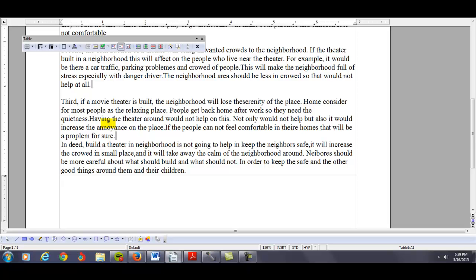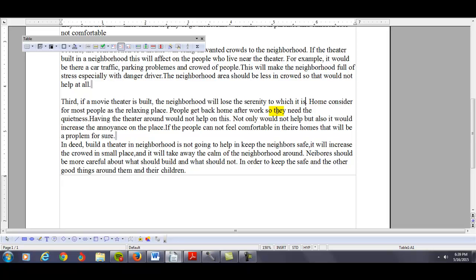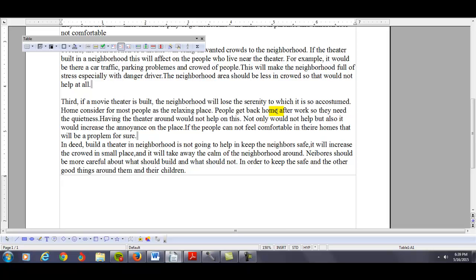I think quietness or quiet, serenity, peace and calm or whatever, it's all pretty much the same thing, right? So third, if a movie theater is built, the neighborhood will lose its serenity to which it is so accustomed.